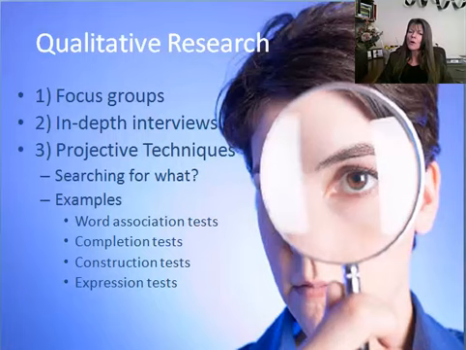Old Spice deodorant used a projective technique by asking respondents, by telling them to use their best guess or their best intuition, to describe a typical user of Old Spice and typical users of other brands. So that's an example of a projective technique. And those are the 4 kinds. And they are searching for unconscious associations, right?